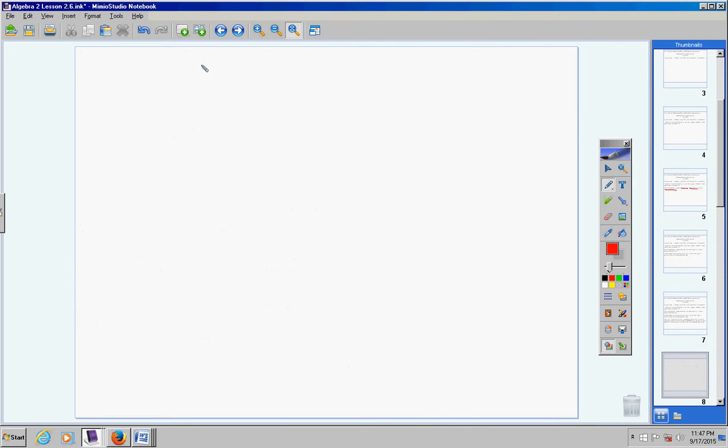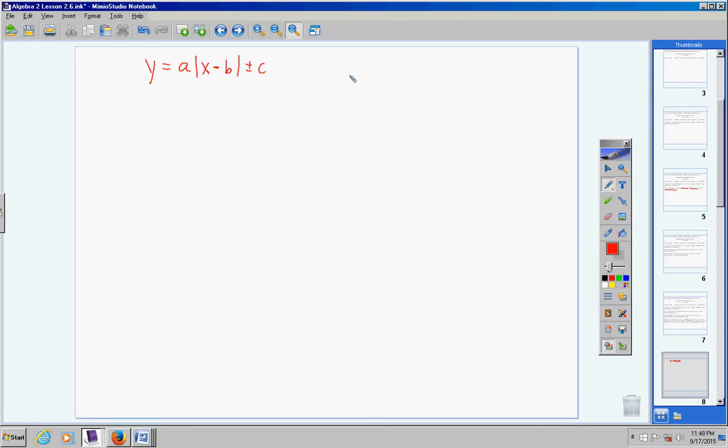First of all, here's what an absolute value equation will look like. Here's the model if you want to write this down. Okay, that's the model. Of course, A's a number, B's a number, and C's a number.